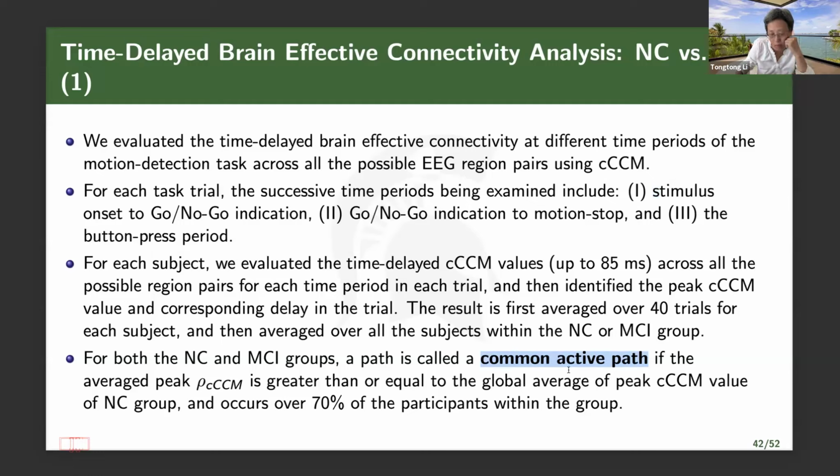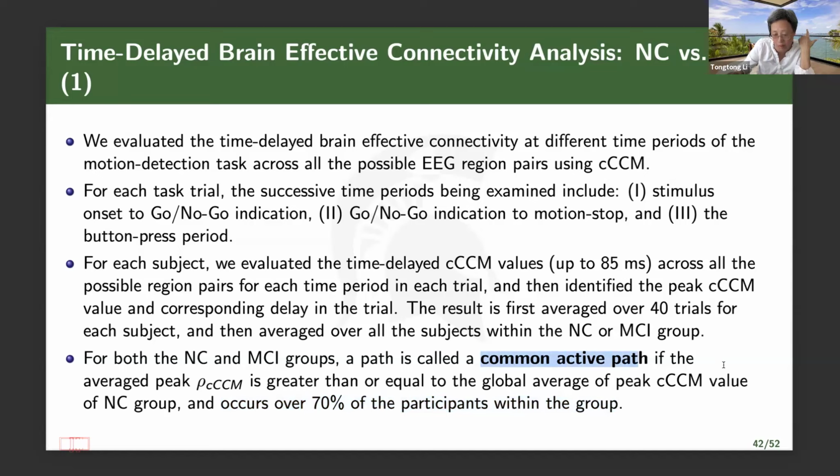By active, we mean the CCM value is higher than the global average of all the region pairs. And if this path occurs in at least 70% of the participants within the group, we call it a common active path.